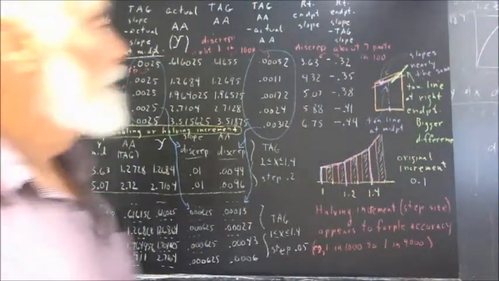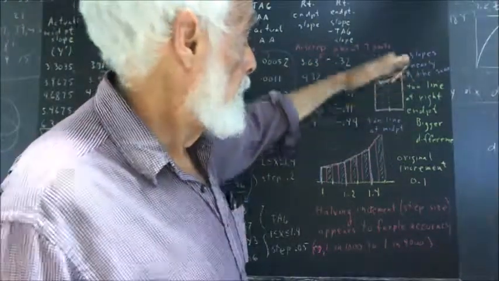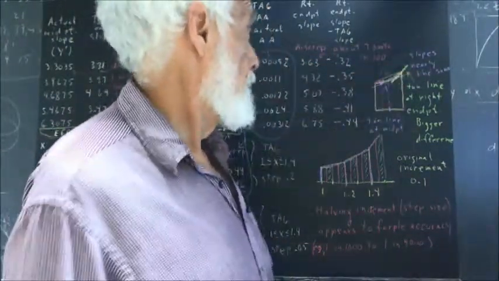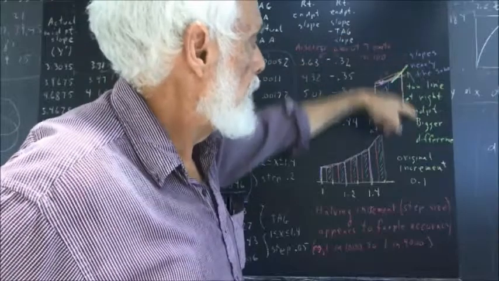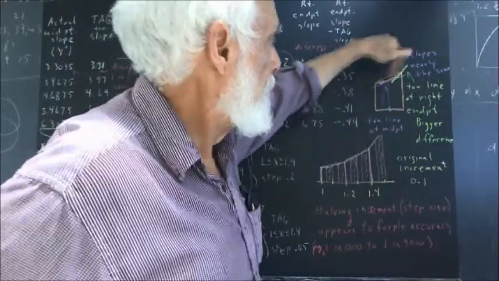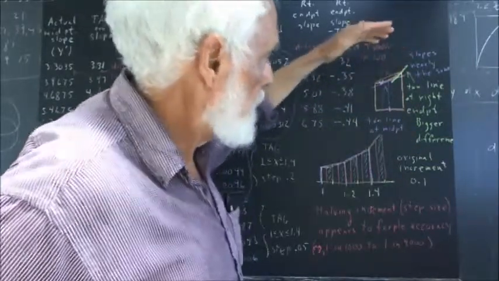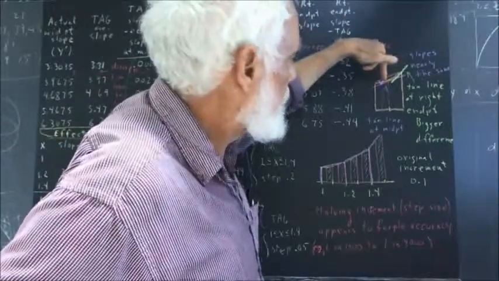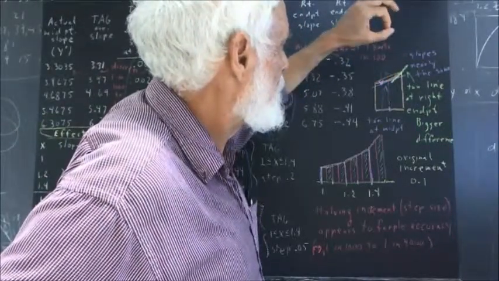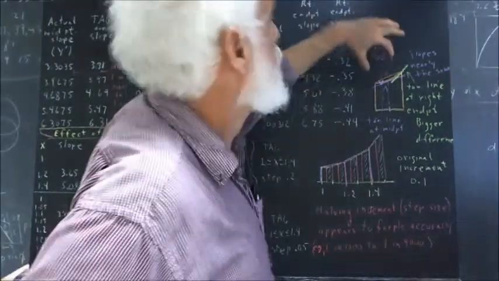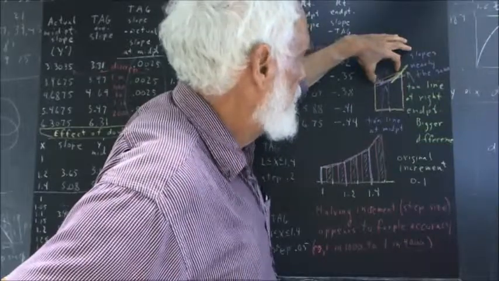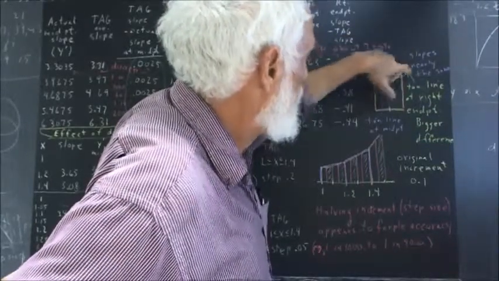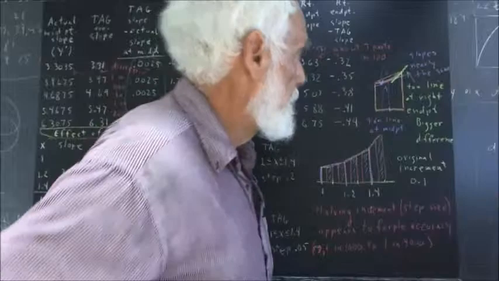At the right endpoint of the interval, though, the slope has changed considerably on this exaggerated picture with the exaggerated concavity, and the tangent line at the right endpoint has a slope that differs from that of the trapezoidal approximation by much more than the slope at the midpoint.